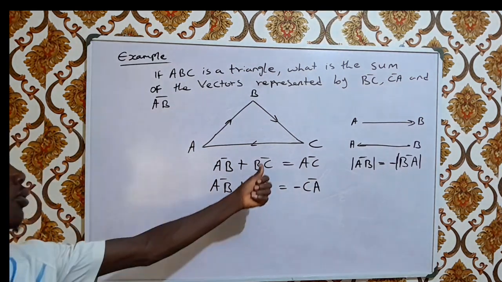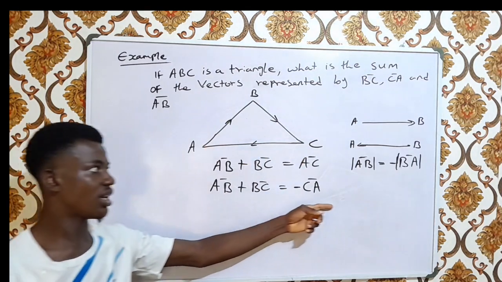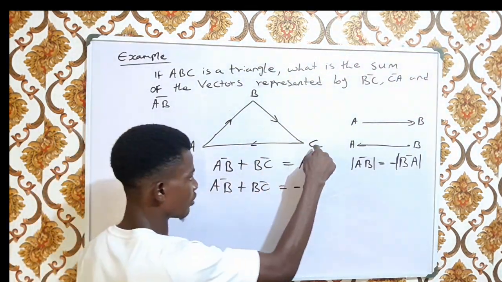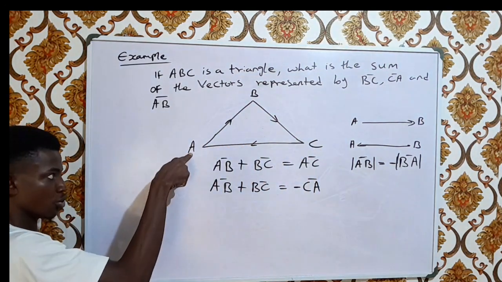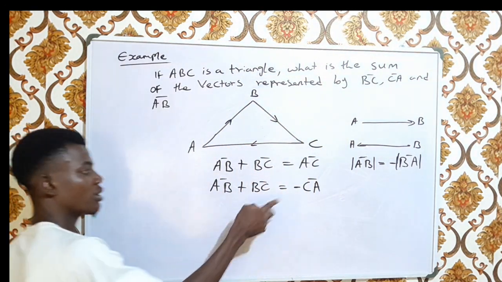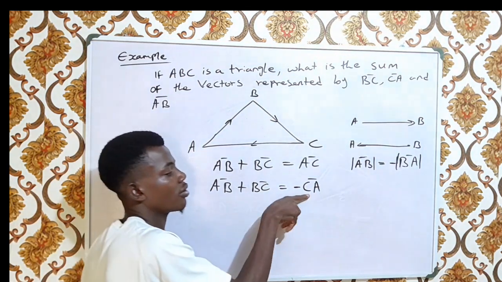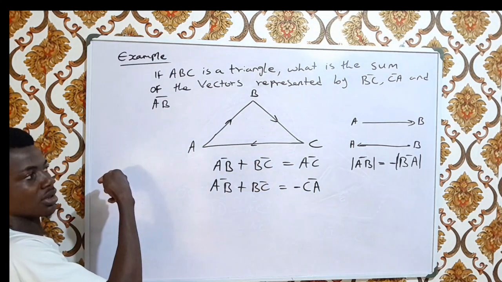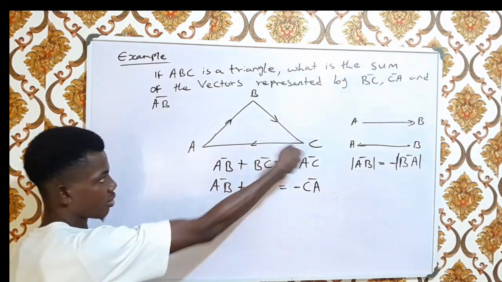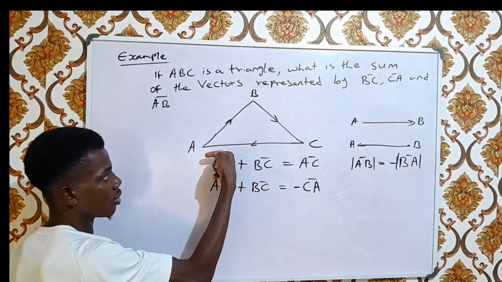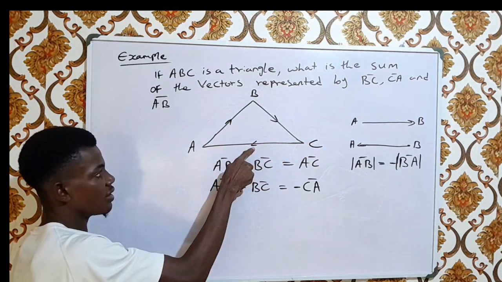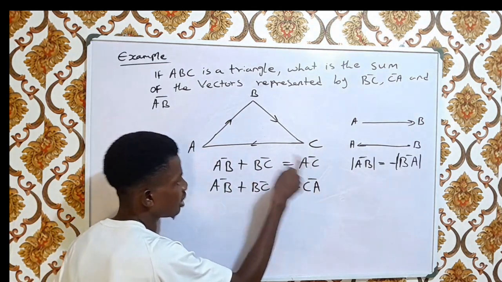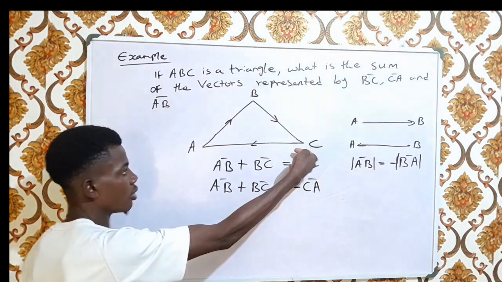Obey the sense, because the vector is moving from C to A. But the outcome now will not give us a positive answer. It will give us a negative answer because it is moving in this sense. They are not meeting at all. If this sense moves this way, they will meet, but it is moving this way, so they are not meeting.